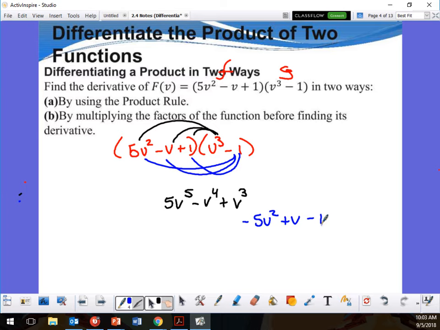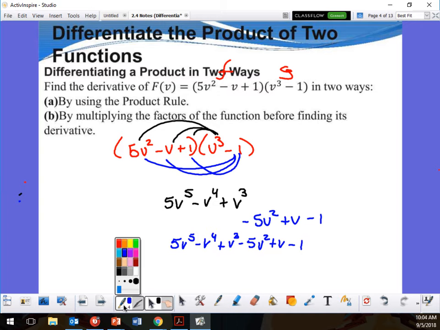No like terms? No. Okay, no like terms, so I'm going to get 5v to the 5th minus v to the 4th plus v to the 3rd minus 5v squared plus v minus 1.